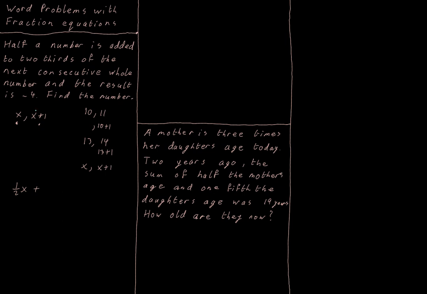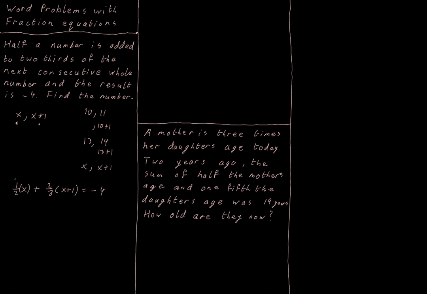Well, I now have written down that that is x plus 1. So 2/3 of x plus 1. It's, I suppose, technically in brackets as well. And the result of adding those two together is that I get -4. So I've now translated this big block of English into an equation. And now I need to solve that equation.